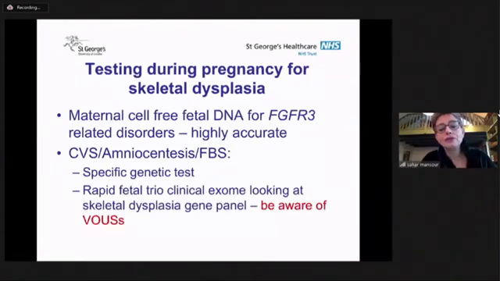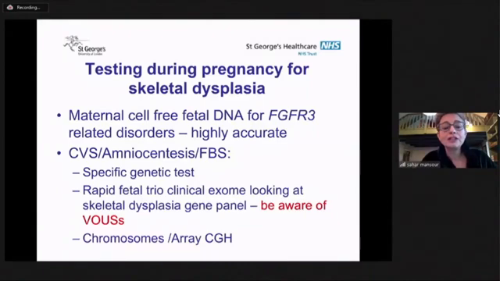However, if you have no idea what the cause of the bone problem is, then we're very, very lucky in the UK to now have rapid fetal trio clinical exomes, and the hit rate for skeletal dysplasia is higher in this group than any other group. But be careful, read the reports really carefully, because it's not unusual now to get variants of uncertain significance, and you need to be careful in interpreting these results.